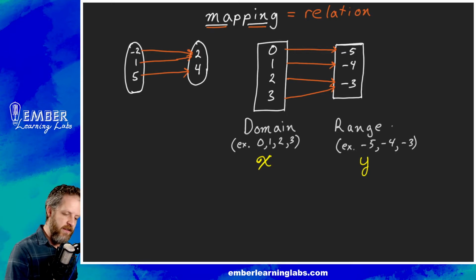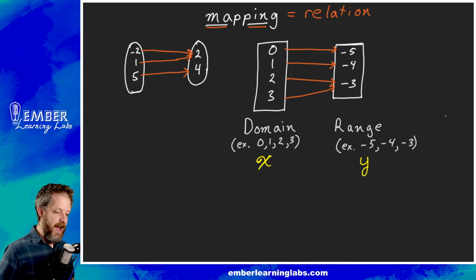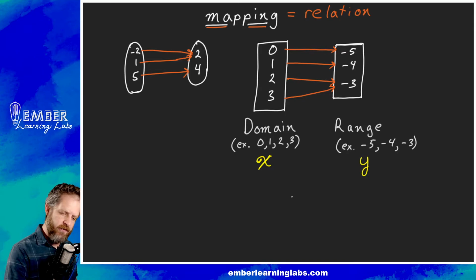All these are the list of the y's. Now, if we were to rewrite this map as a list of ordered pairs, we would look at our mapping. So if we listed this way, we would start with the ordered pair 0, -5.